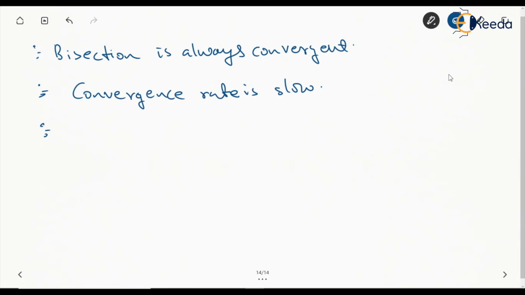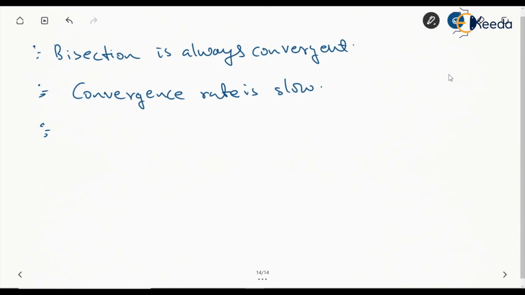Also, in some cases the function value doesn't change its nature, like let's say f of x equal to x square. In that case we won't be able to find the guess values so that the nature of the magnitude for upper and lower limit is of opposite nature.